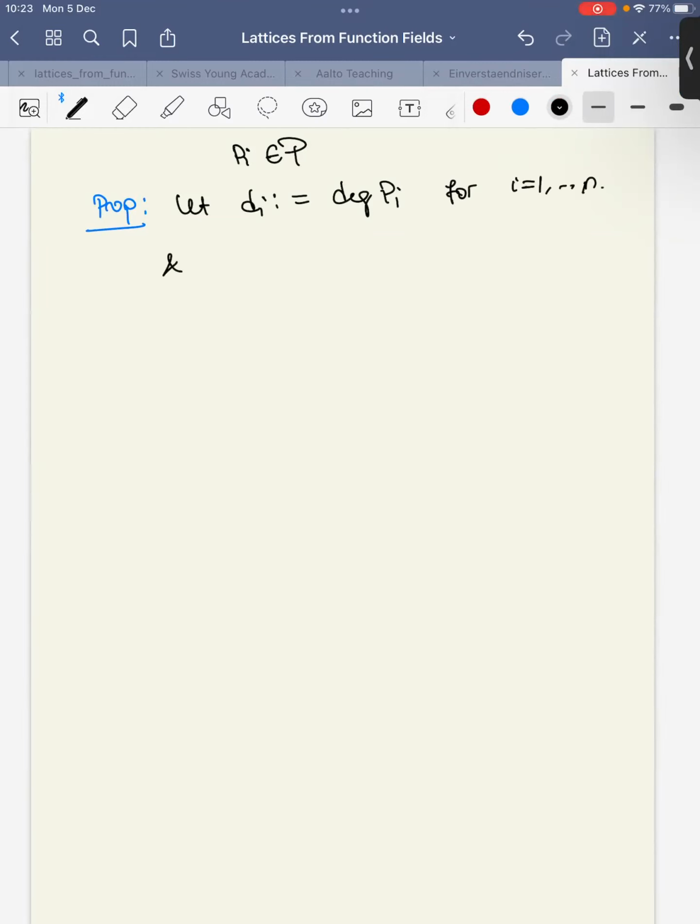And let k be the greatest common divisor of all the degrees. Here you shouldn't confuse this k with the rank; this is not the rank, this is the greatest common divisor.